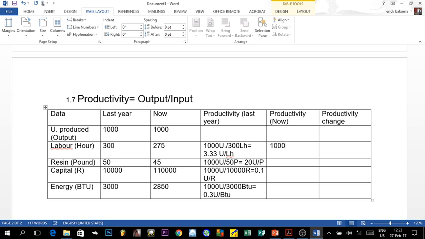Still the same method. We use 1000 units, which are the ones that were produced now. They didn't change, in short. And then we need to divide by 275 labor hours that were used this year.